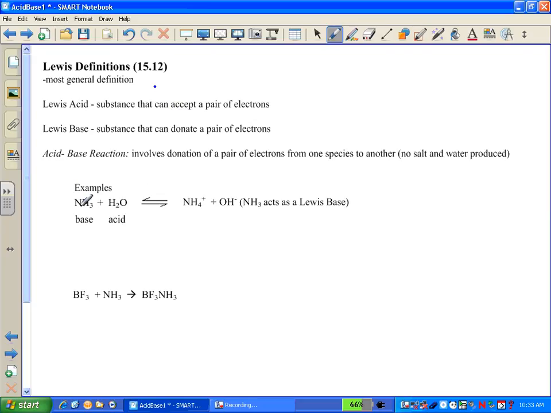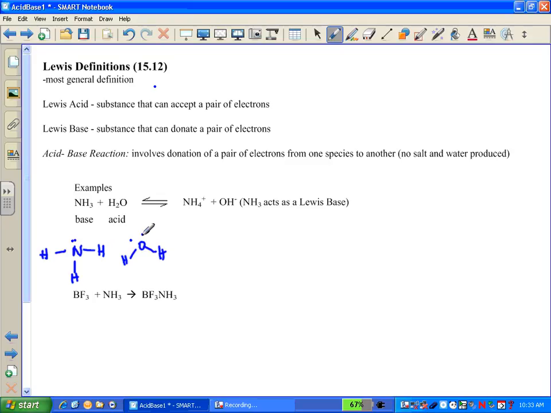So in this case, when we look at the ammonia interacting with water, it is still a base by this definition, but how it is defined is a little bit different.